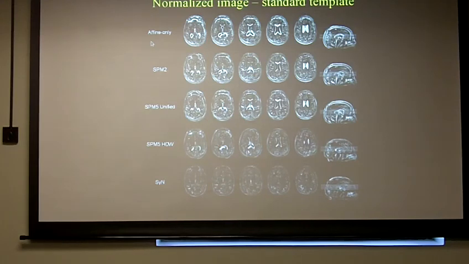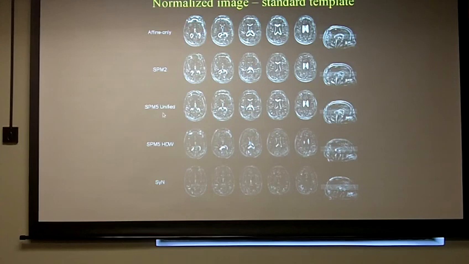If registration went perfectly, you will see nothing, and the more white stuff and speckles you see, the more the registration went wrong. So not surprisingly, affine-only is worse than SPM2 and SPM5 unified segmentation normalization.